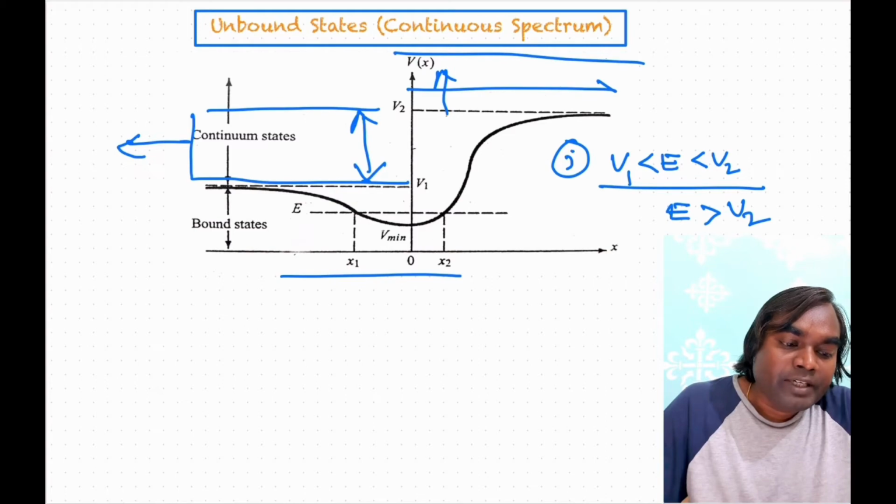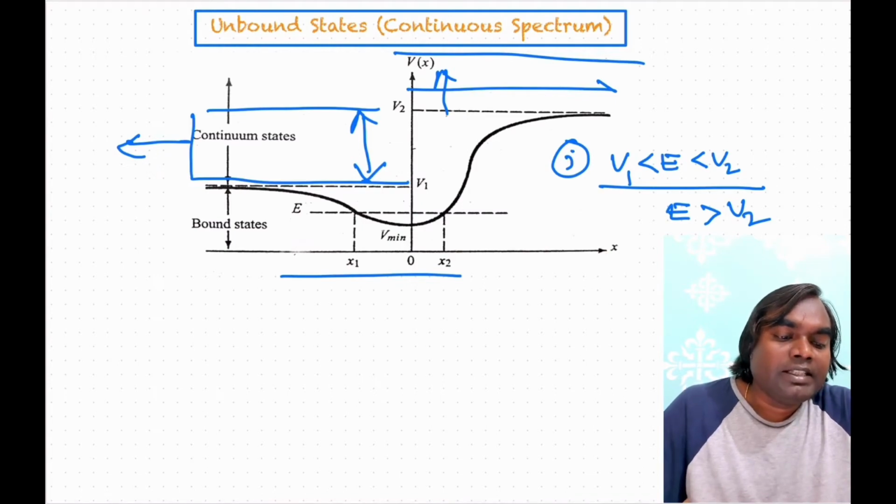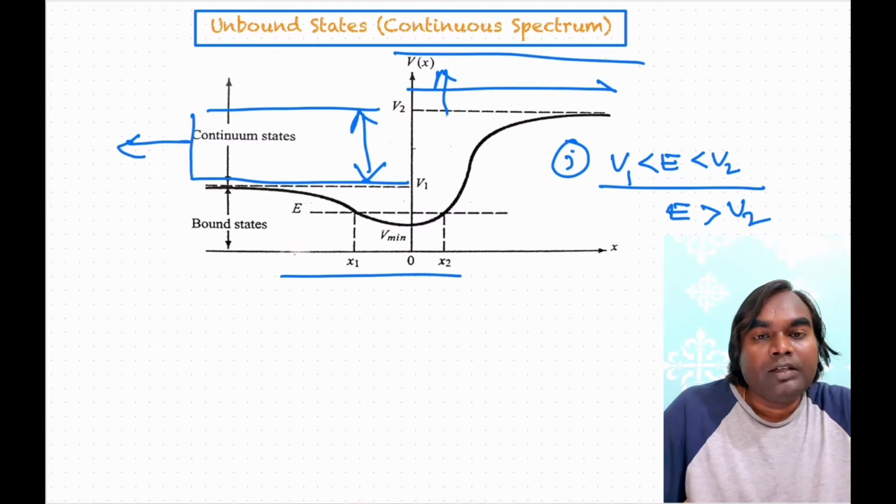The energy spectrum is continuous and none of the energy eigenvalues is degenerate. The non-degeneracy can be shown to result, as we will discuss below. Friends, in the case of unbound states, the energy is degenerate.